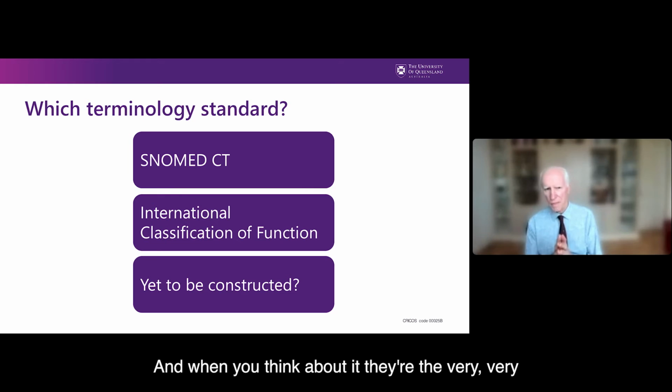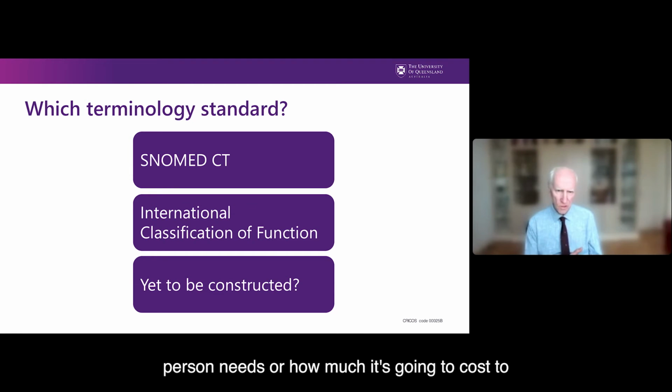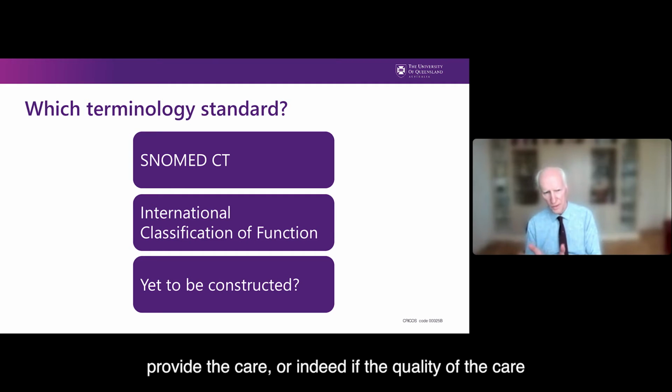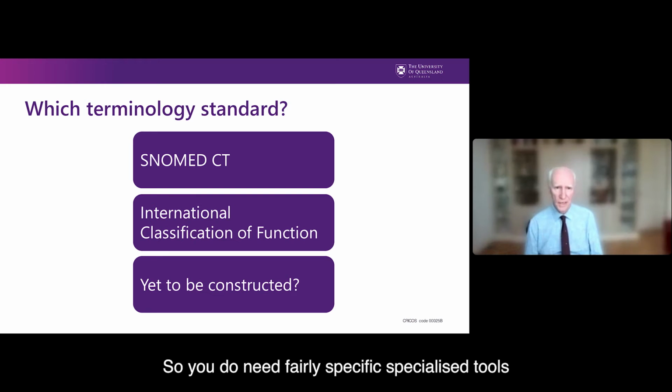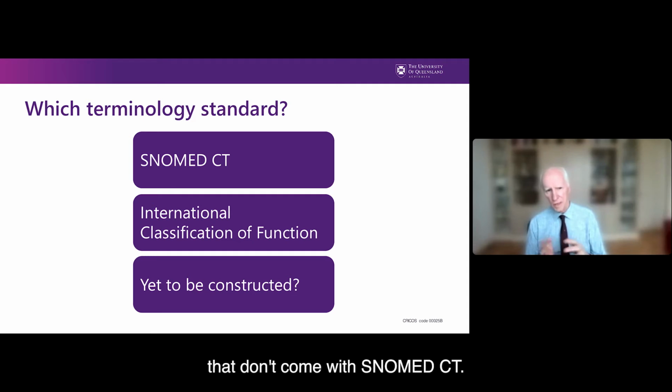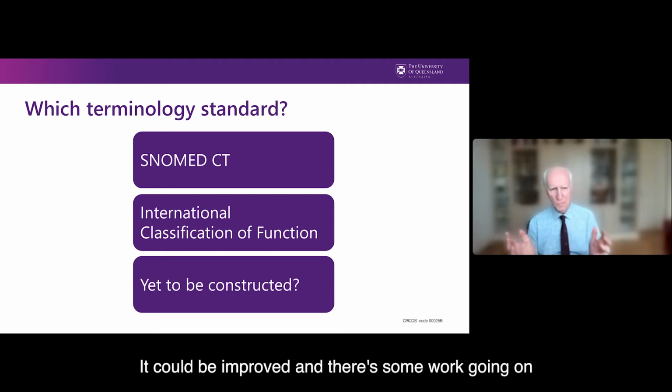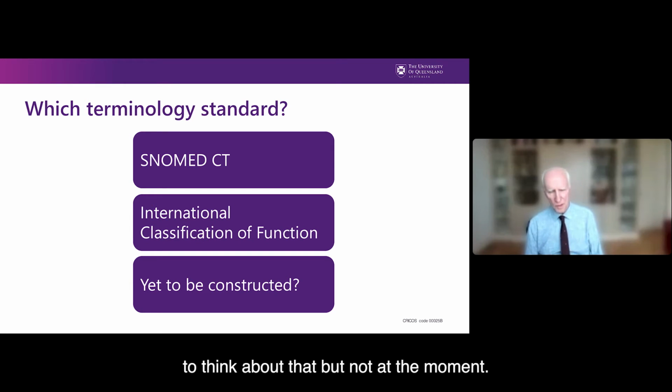And when you think about it, they're the very, very important components of these phenomena that we need to understand when we think about what care a person needs, or how much it's going to cost to provide the care, or indeed if the quality of the care is good enough to maintain their function. So you do need fairly specific, specialised tools that don't come with SNOMED CT. It could be improved, and there's some work going on to think about that, but not at the moment.